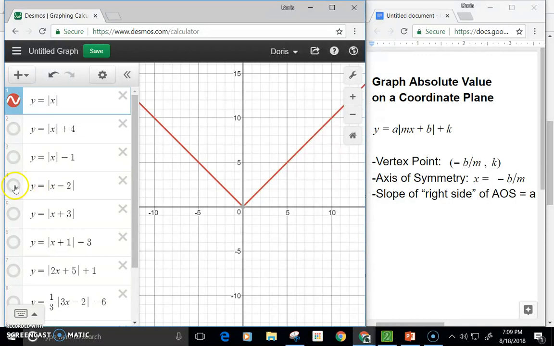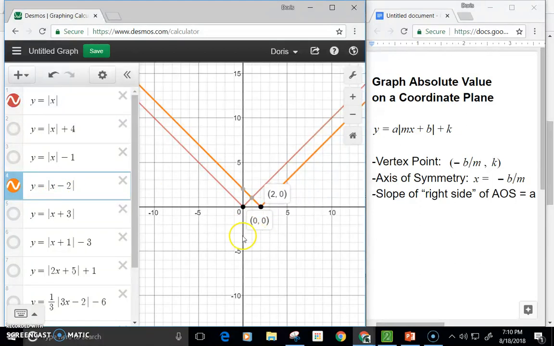So let's take a look at this graph and compare it. The original parent function had its vertex point at 0, 0. And our new function, where we have subtracted 2 from the value of x, is now at a vertex of 2, 0. It's actually pushed the graph 2 units to the right.